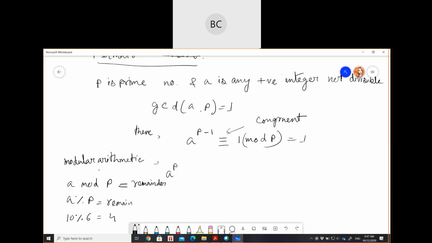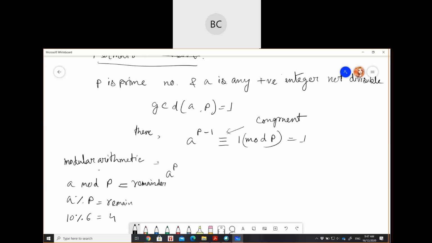We mainly use modular arithmetic when there's a large number, and for cryptography mainly, the problem is that we need to store a bigger number as a key. If we need to handle such a big number, it's a problem for both parties. So most of the time they use modular arithmetic, especially for public key cryptography, so that they can manage it very well. They will get a smaller value when they create a key.